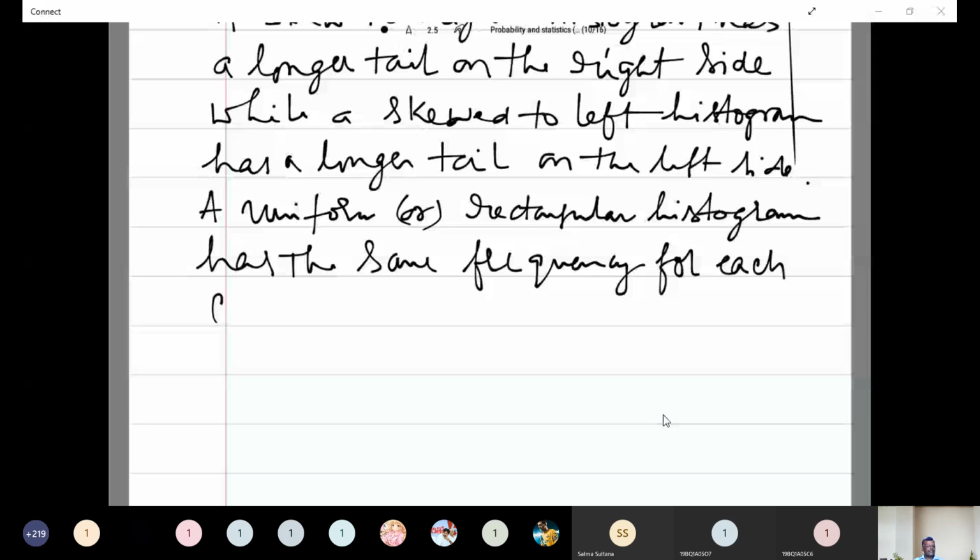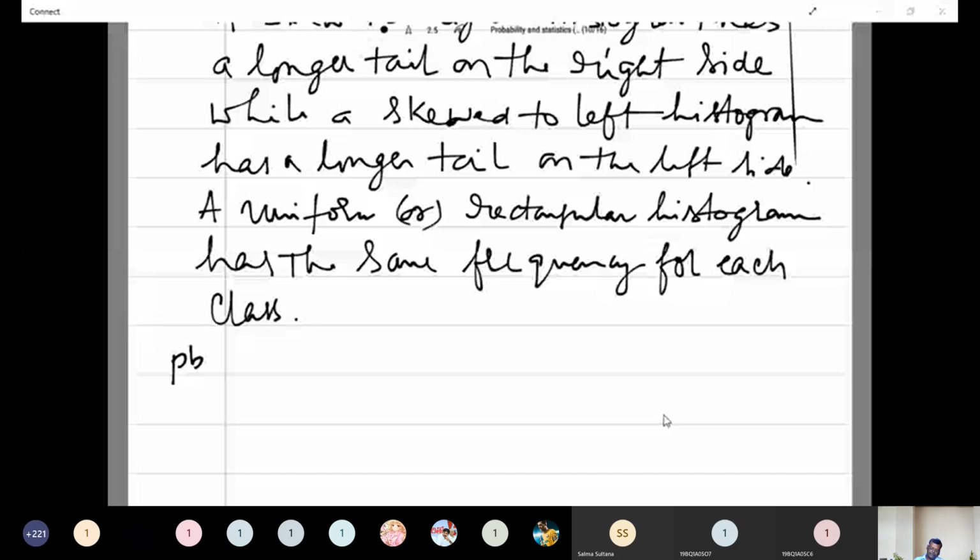Now we see some examples related to these types of histograms. Let us discuss some examples related to this one. Problem.